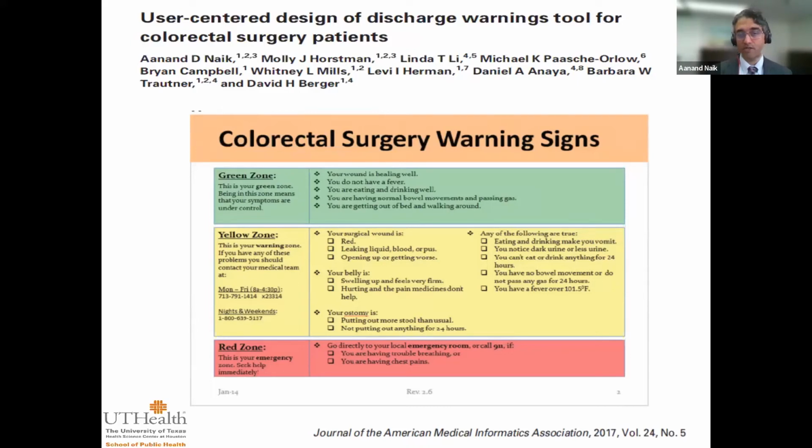The green zone is you're doing well, you don't have anything to worry about, keep doing what you're doing. The yellow zone is, yeah, let's pay attention to that. Maybe you need to call me back tomorrow or in a couple of days, or maybe you need to come in and see us in clinic, versus the red zone, which is you need to come to the emergency room now. This is pretty serious, or even call 911.